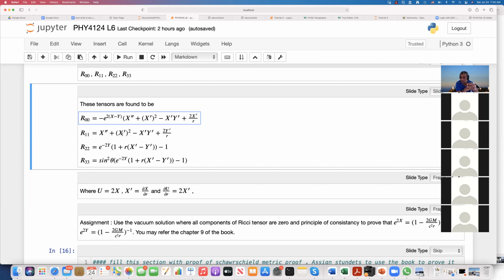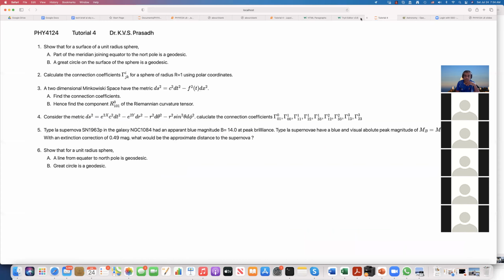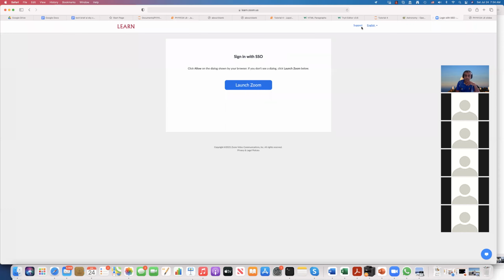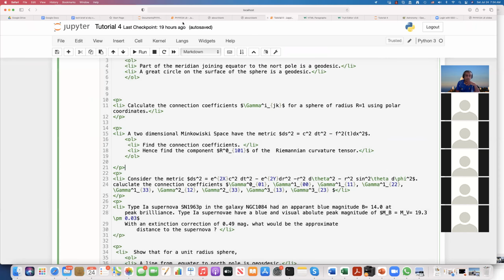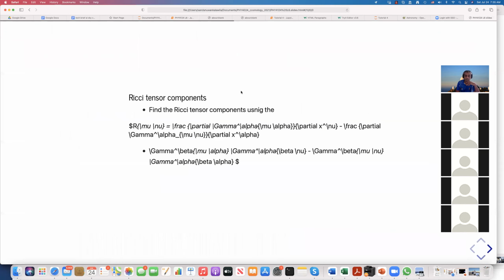I do not have the facility today, but I will show you one or two, like how to approach finding these connection coefficients, and also the Ricci tensor, on the next day, right? So that's it. And then we can come back to the presentation.